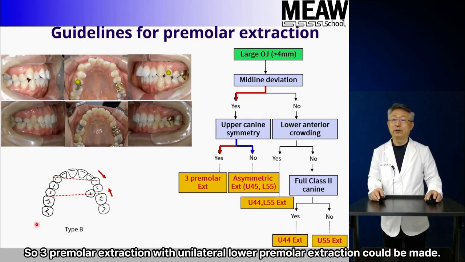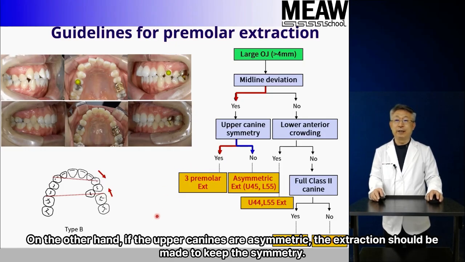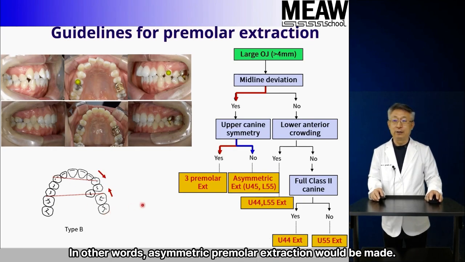So 3 premolar extraction with unilateral lower premolar extraction could be made. On the other hand, if the upper canines are asymmetric, the extraction should be made to keep the symmetry. In other words, asymmetric premolar extraction would be made.